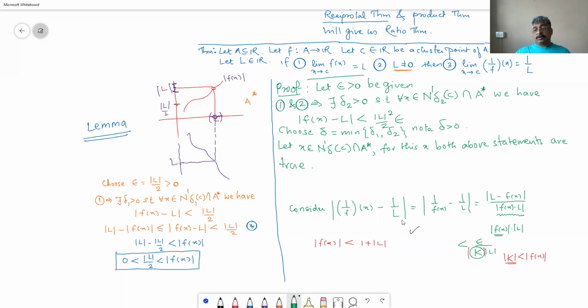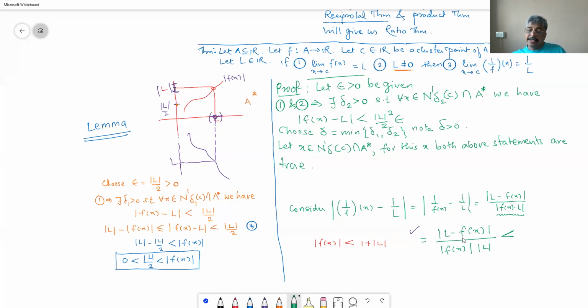Consider this. Okay, up to this point we have reached now. So what we are going to do beyond this is erase this. Then this is equal to mod of L minus f of x upon mod f of x into mod L. Now the numerator is going to be less than, it is going to be eventually a strict inequality because we are replacing many terms there.